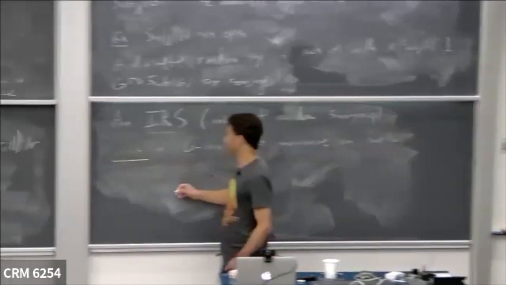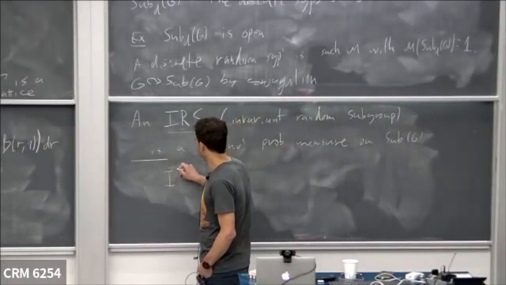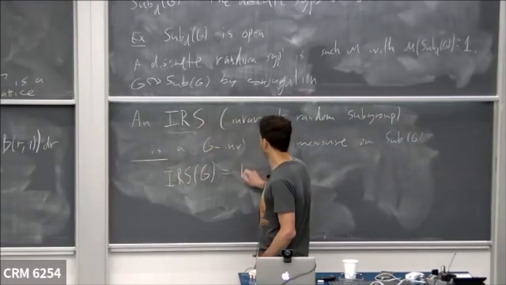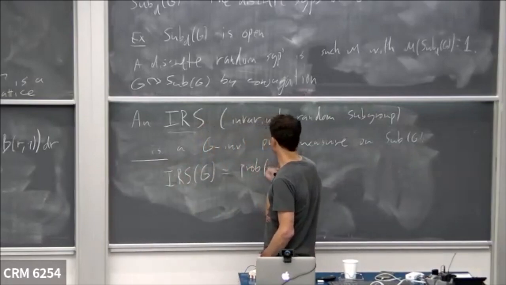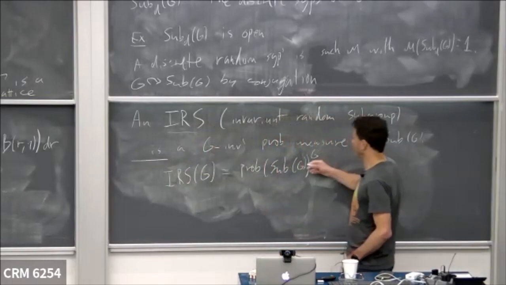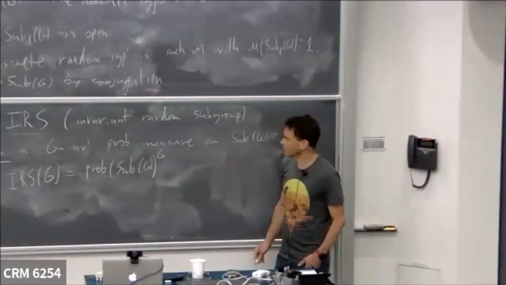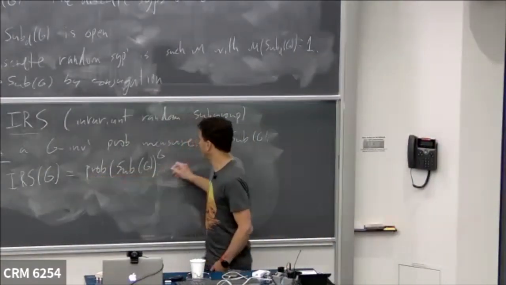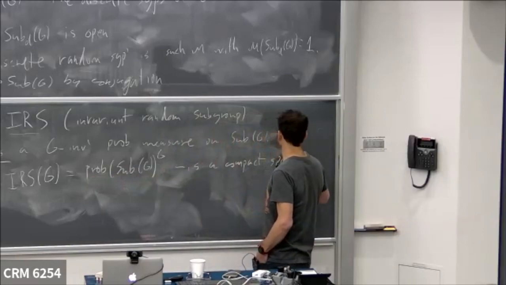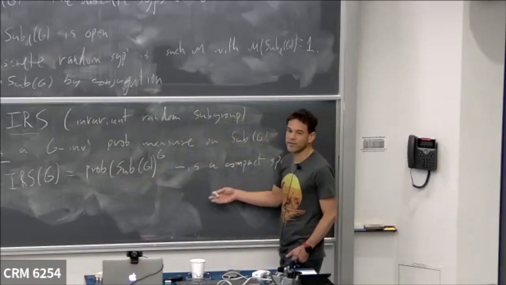Let's observe that IRS(G), the space of all IRSs, is the set of probability measures on Sub(G) which are invariant under the G action by conjugation. And this is a compact space with respect to the weak-star topology.